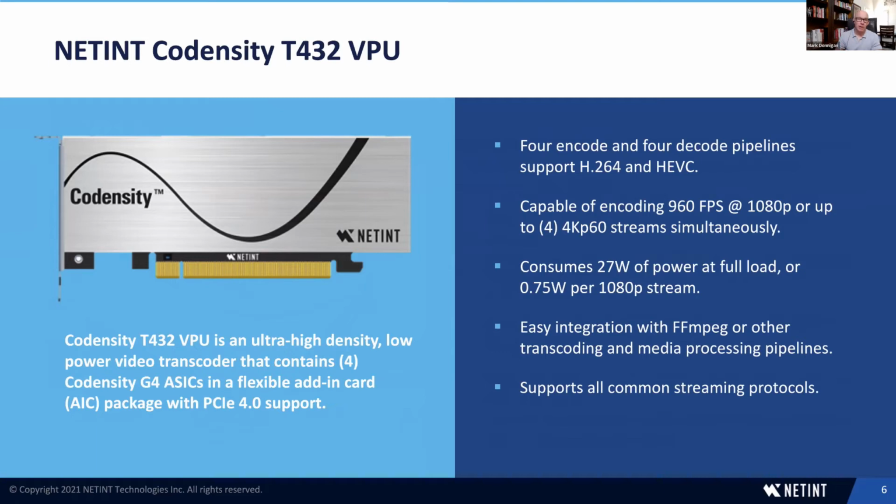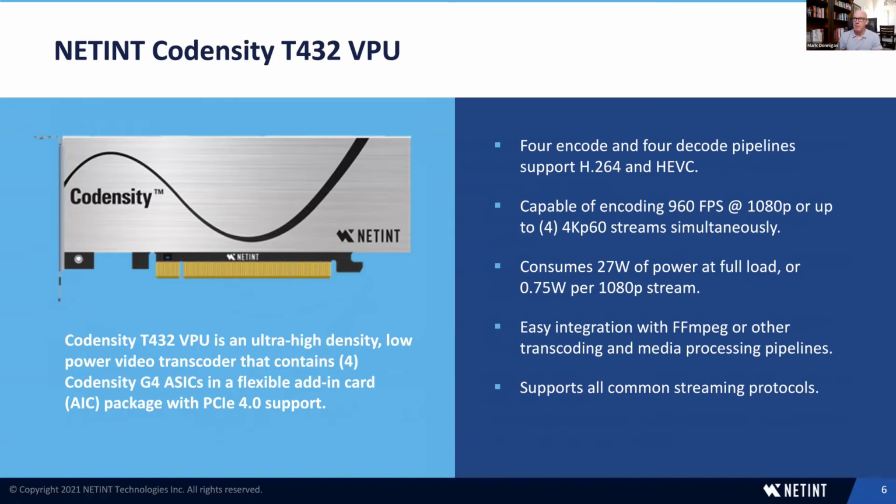This consumes 27 watts of power, and again, the same 0.75 watts per 1080p stream, all the same integration, except that now you can get 960 frames per second from a single card at 1080p, or 4 4K P60 streams simultaneous.